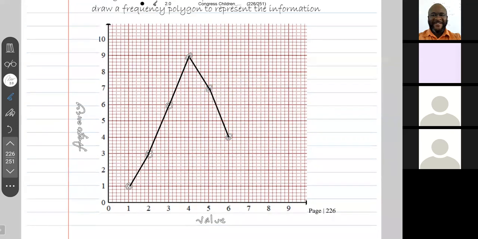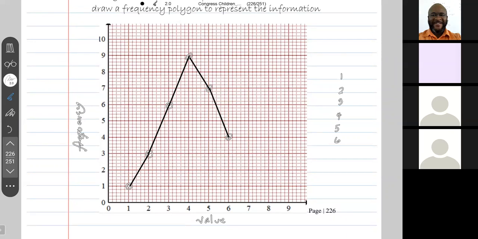All right. So guys, these are the values I plotted: 1, 2, 3, 4, 5, 6. Now, the values are on the horizontal axis. Here's something about the frequency polygon. It must start and end on the horizontal axis. It's going to start 1 before the first value.